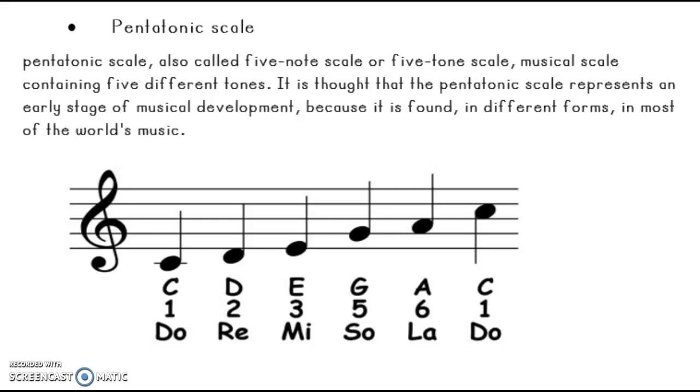Although you count more tones, just see that the C is there and the other C, they count as 1. It's thought that the pentatonic scale represents an early stage of musical development because it is found in different forms in most of the world's music. That's the pentatonic, penta meaning 5.